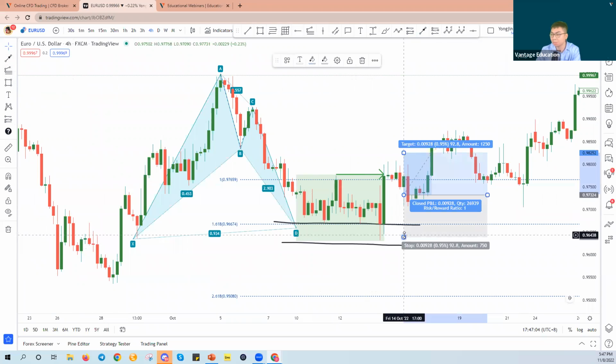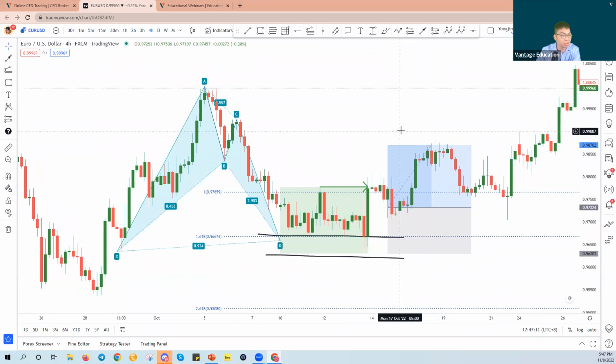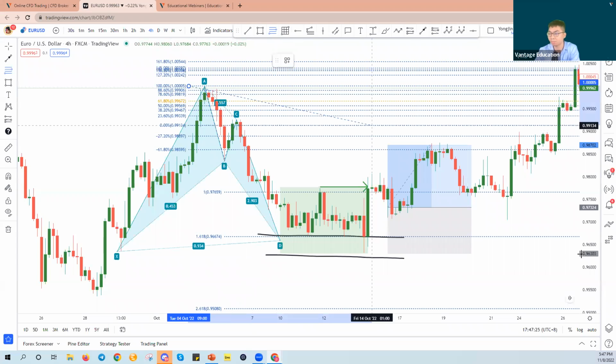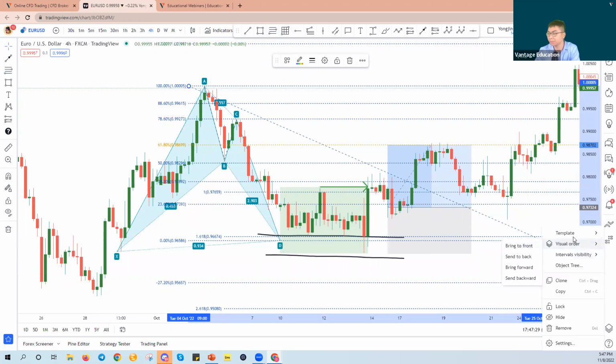You can take a long, with stop loss below the zone. Take profits at the 1.35 area, but let me show you how to get the take profit area. It's pretty technical, man. I'm not going to lie. Target 1 is 38.2% retracement of A to D. You can see 38.2%, target 1.